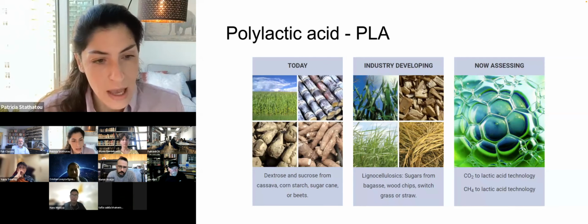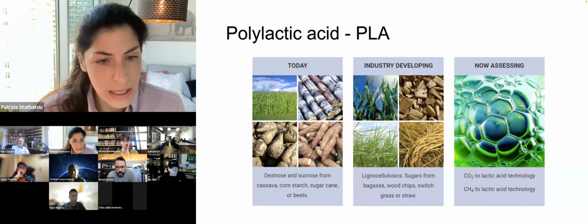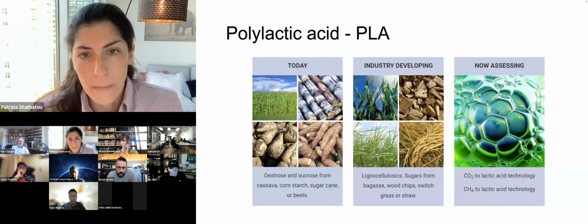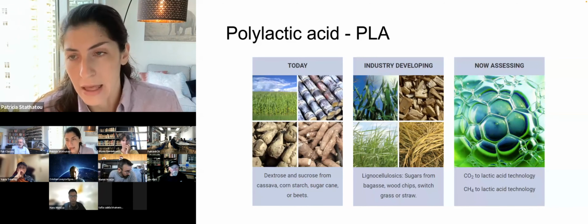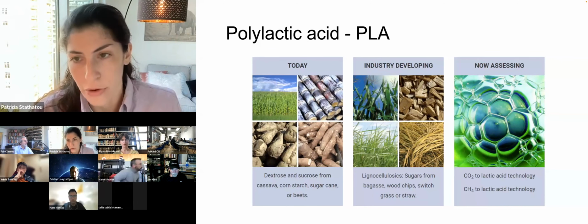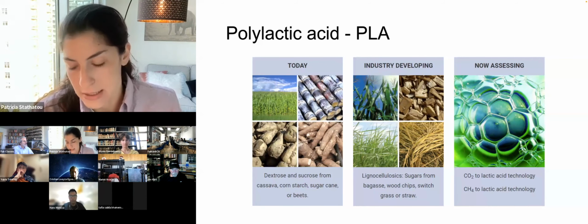So nowadays, polylactic acid is produced from sugarcane mostly, or corn, or starch, so from crops. The second generation is to use lignocellulosic biomass to derive these sugars and raw materials for making this plastic. And then third generation, which is at its infancy, is to use microorganisms to convert CO2 or methane to lactic acid.